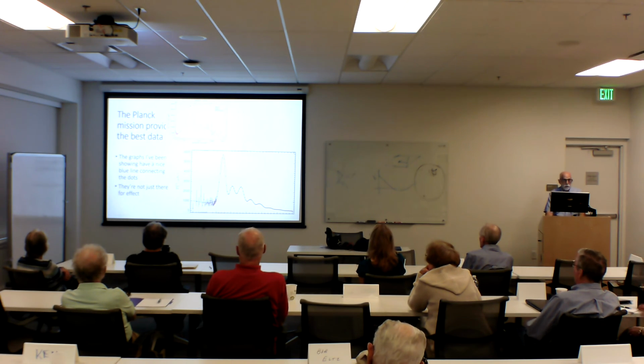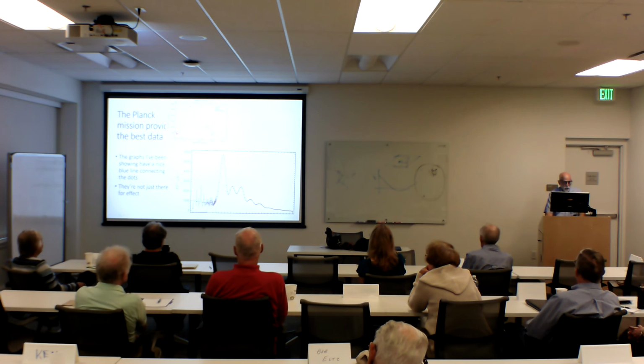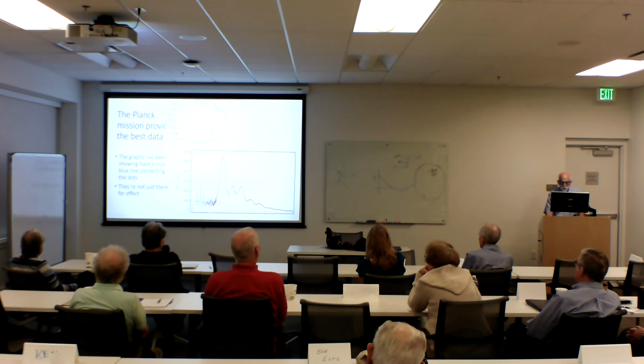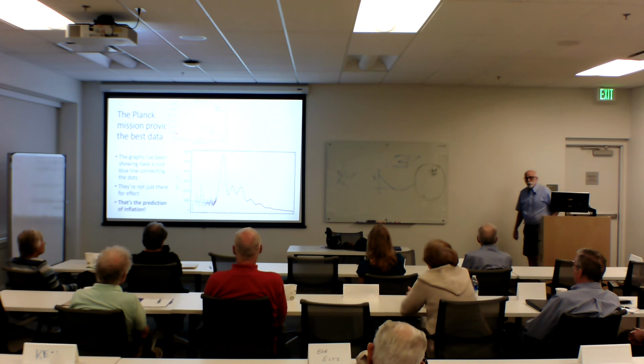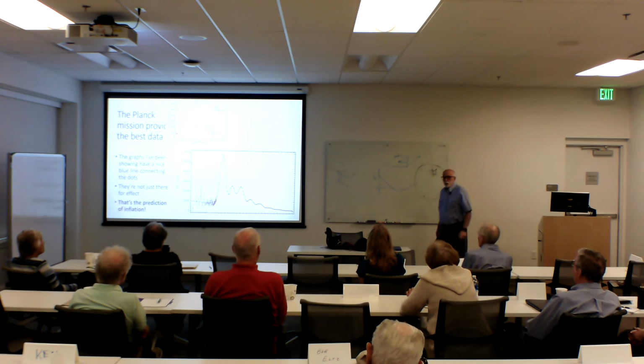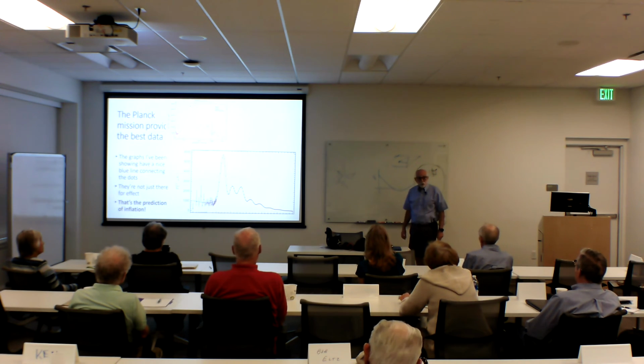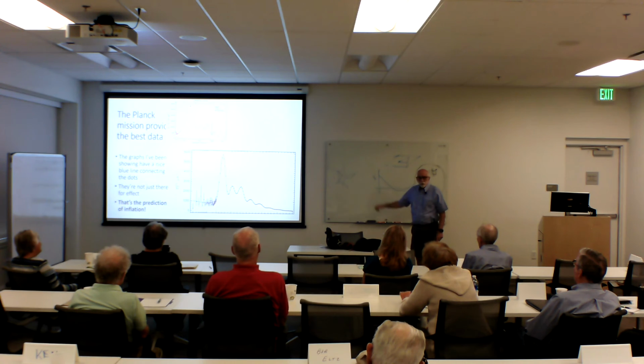But now I've been keeping a secret. You see this? The line that goes through the dots is not just there because we did statistics. It's the prediction of inflation, the inflationary theory of the early universe. Once you pick a couple of numbers, the curve goes right through the points.